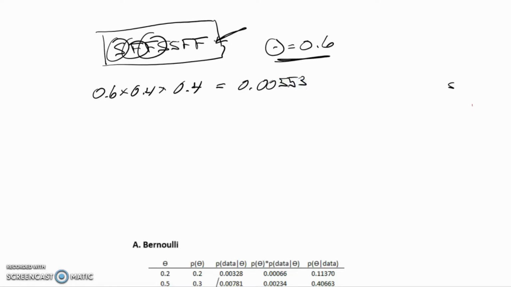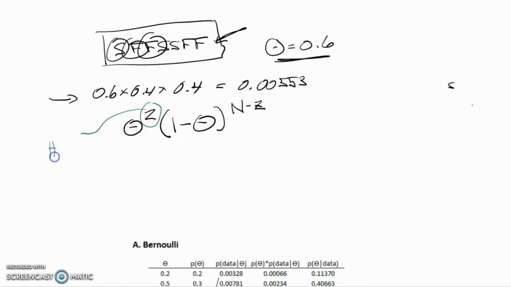And more generally, we could represent this as theta raised to the power of z, times 1 minus theta raised to the power of n minus z, where z is the number of heads, or the number of successes, and n is the number of flips.